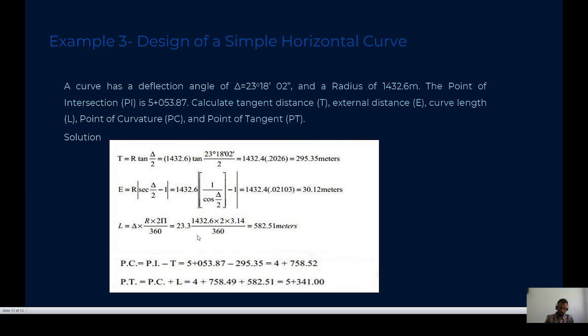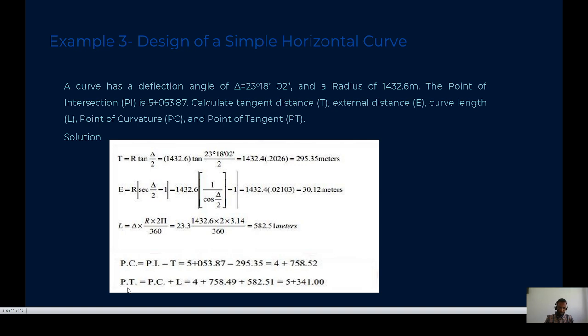The point of curvature will be the point of intersection minus the tangent. The point of intersection is already given, 5 plus 053.87, minus the tangent calculated previously, 295.35. So we get the point of curvature as 4 plus 758.52.